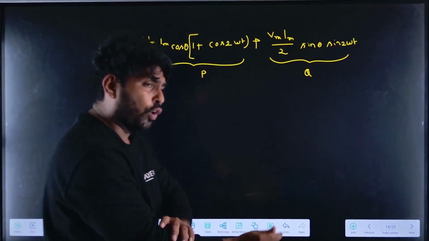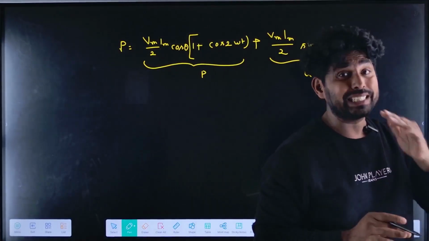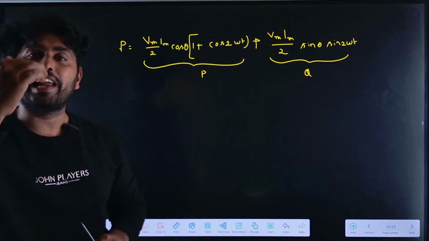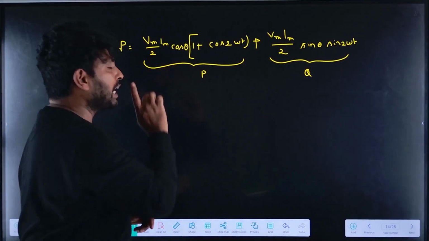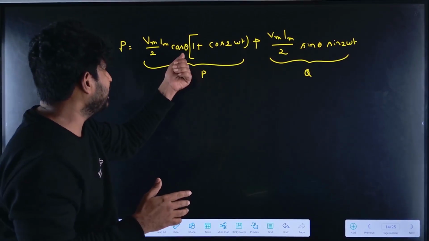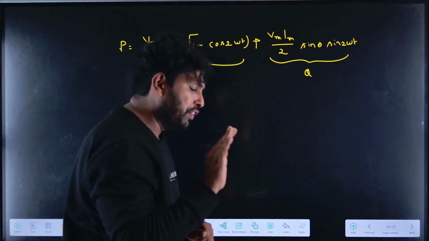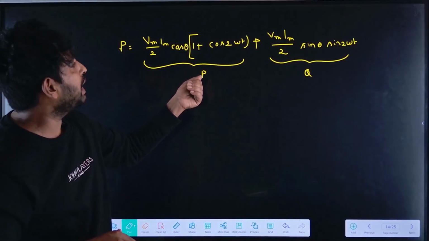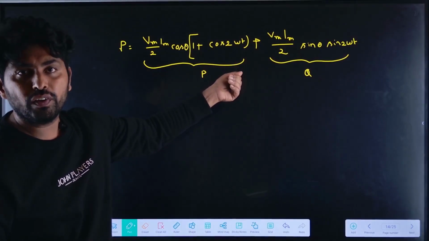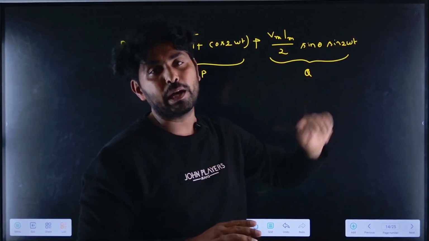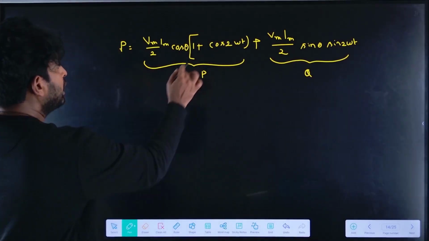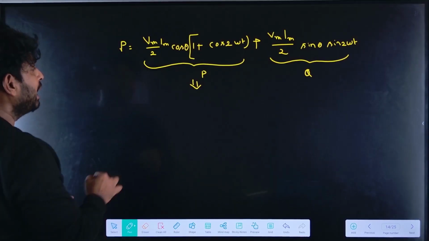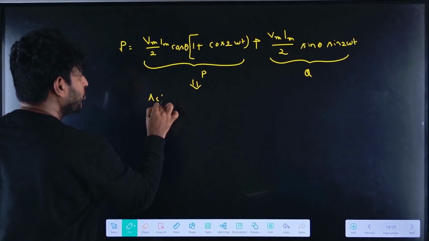Now let us see what is active power. The active power has an average value of VI cos theta, and has a frequency of twice the supply frequency. Let me write the active power definition here.